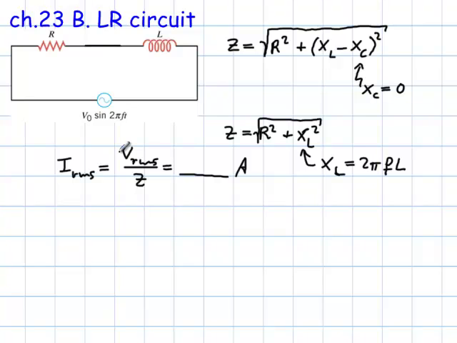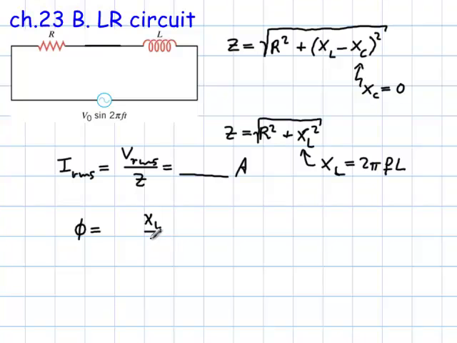And then the phase angle between the current and the voltage of the generator is given as tangent phi equals XL minus XC over R, respectively. There is no XC, so it's XL over R. I need a little bit more space because you'll see in a moment.